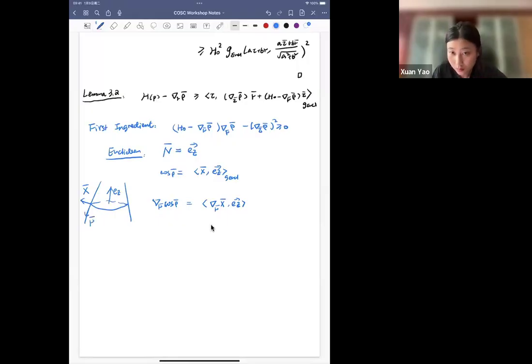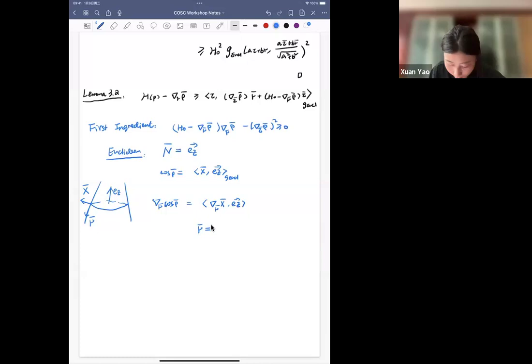Okay. So actually you can write your nu bar in terms of x bar and EZ.